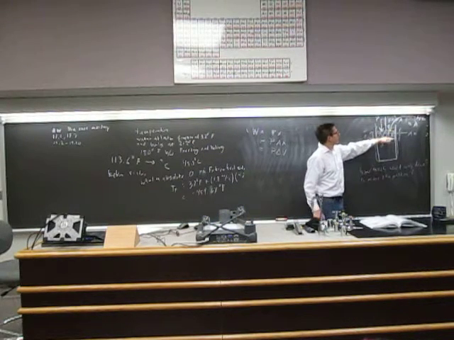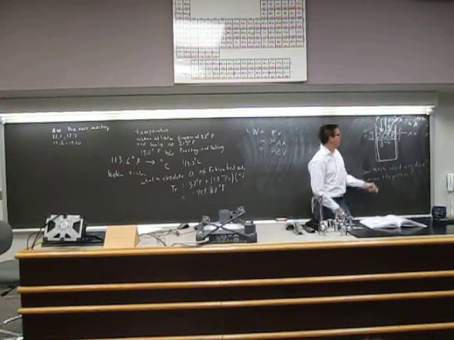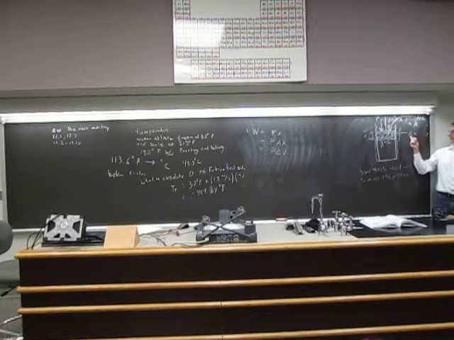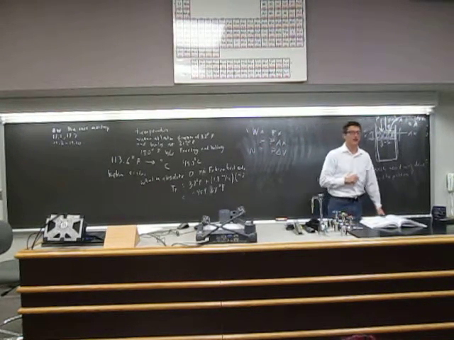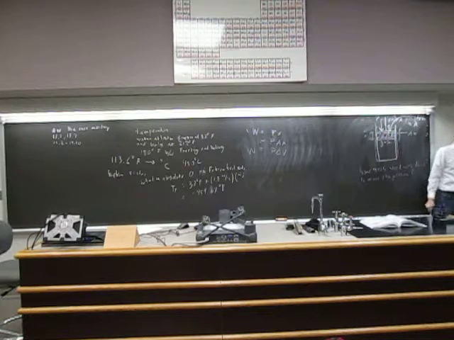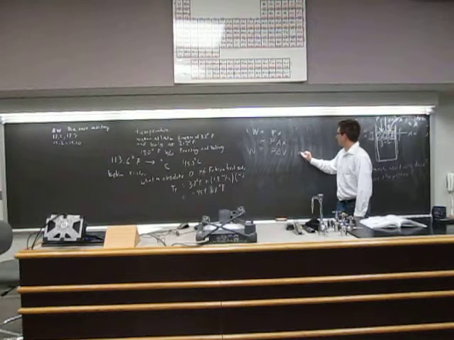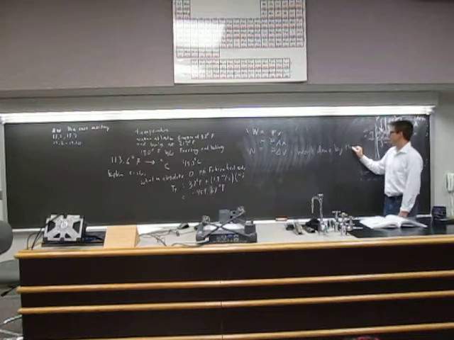If I move the piston from here to here, the amount of volume that changed was that volume, which would be the A times that x. And so the work done in an expanding gas is P times the change in volume, where the pressure is the outside pressure and is constant. So this is work done by the gas.